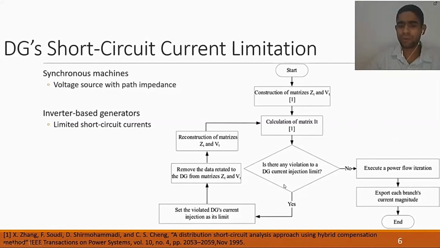So what we propose is the verification of a violation of the DG current injection limit, and if so, we set the DG current as its limit and remove it from the matrices Z and V, then calculate matrix I again until there is no violation, as proposed in Zhang.